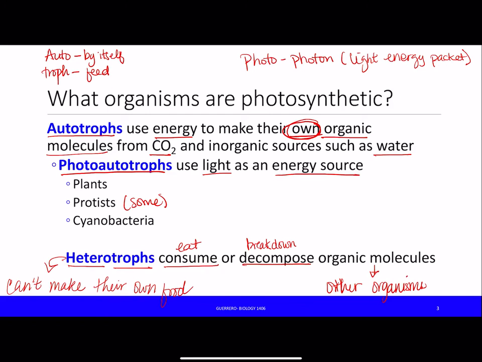So when a lion hunts down a gazelle and eats it, the lion's a heterotroph. It's consuming the gazelle to get its organic molecules. When a tree dies and it rots away in an open field and eventually turns back into soil, you have bacteria and fungi that help to decompose that tree, and that's how they get their organic molecules.